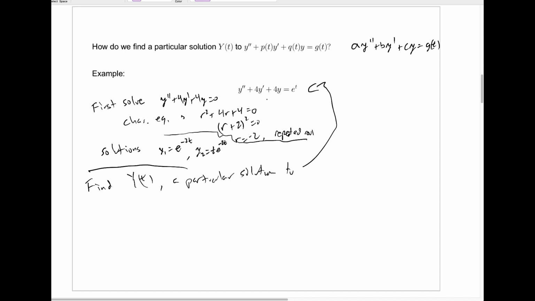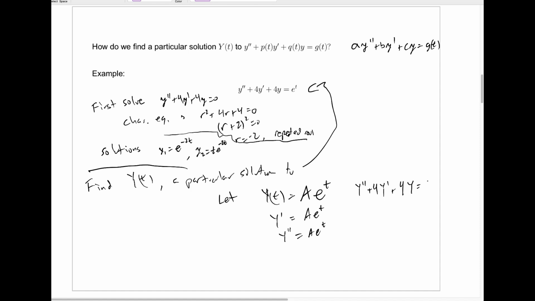But if we take a constant times e to the t, we let y of t be a constant, I'll call it a, times e to the t, then y prime will be again a e to the t, y double prime is a e to the t, and then y double prime plus 4y prime plus 4y will be this plus 4 of these plus 4 of these.